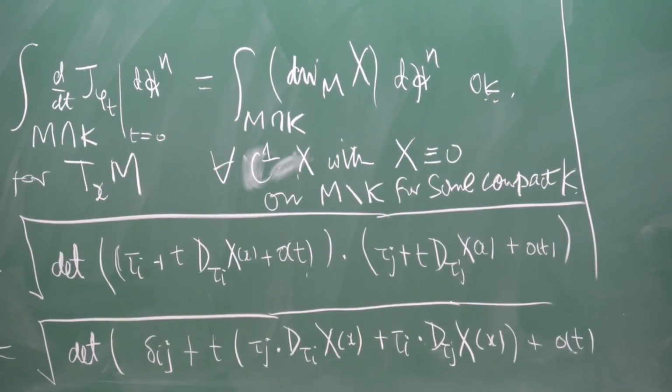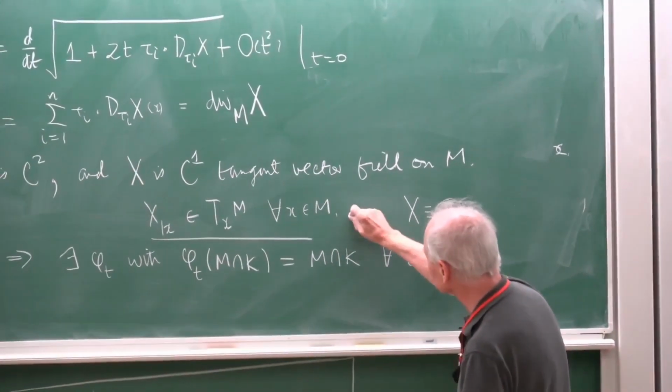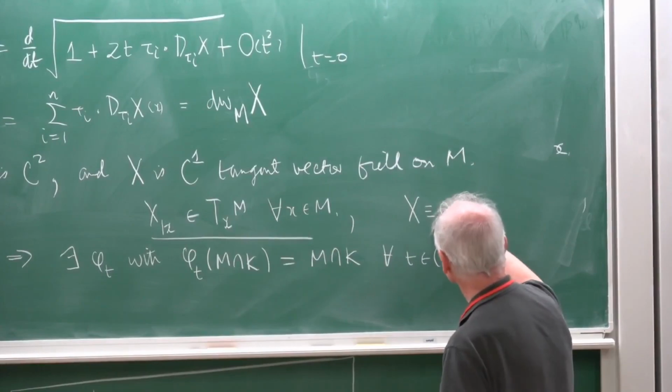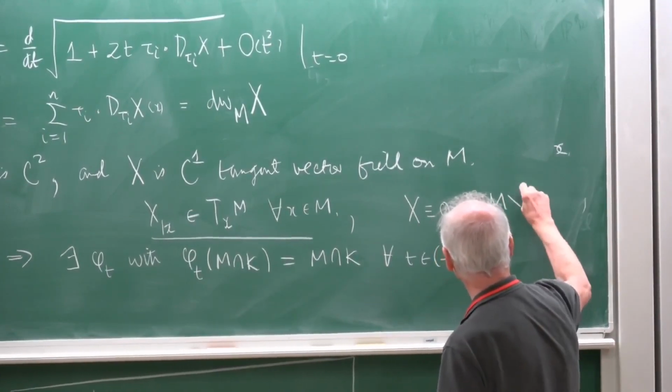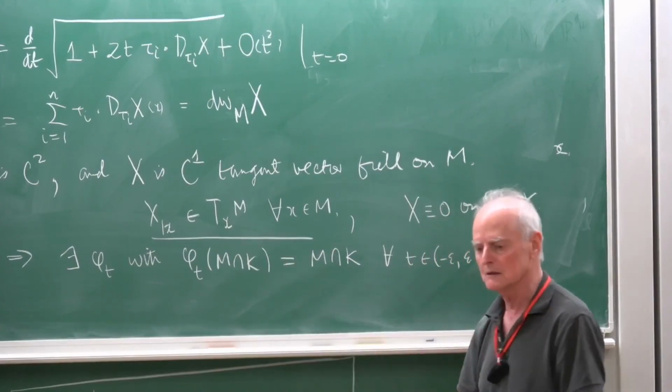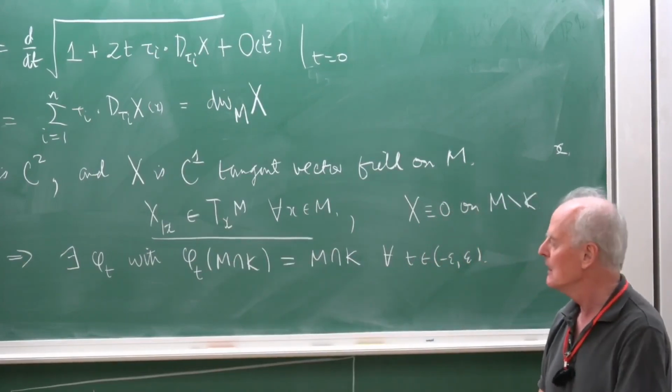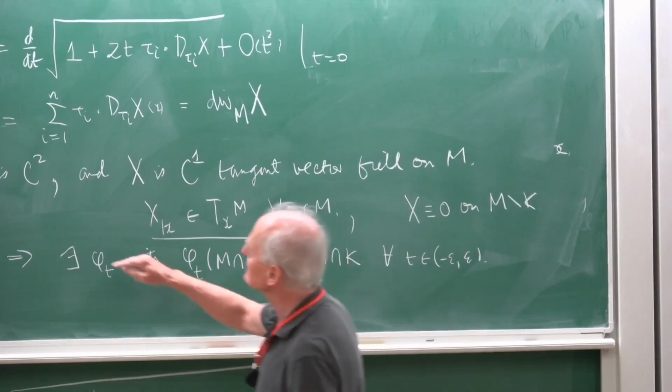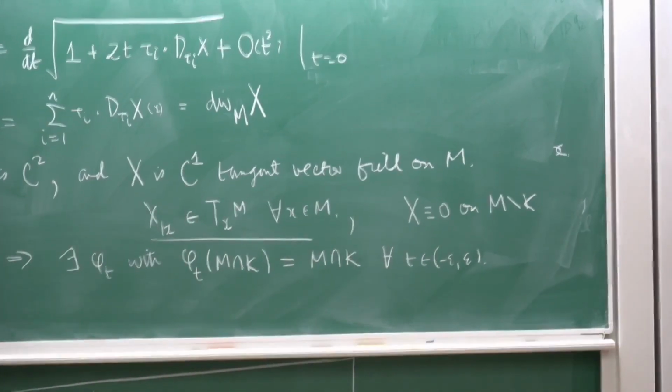Same thing applies here. We impose that restriction again here, X identically 0 on M minus K. Then the ODE theory guarantees this, it turns out. You can look this up. And that means that this side in our computation would be 0.